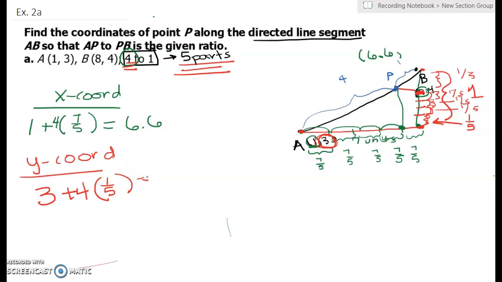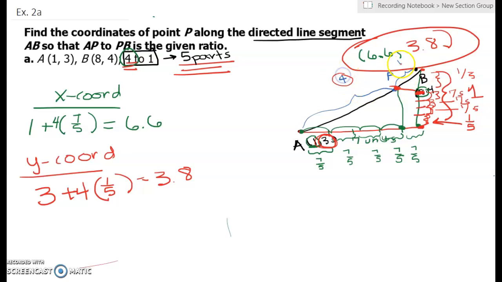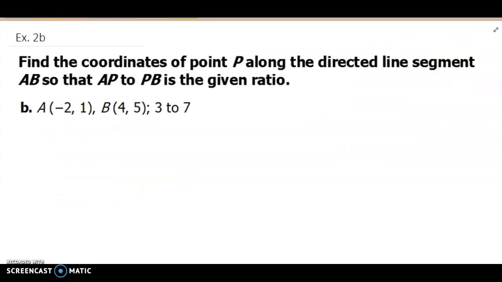Okay, so if I put that into my calculator, I get 3.8. So my Y coordinate here is 3.8. So the coordinates of P would be 6.6, 3.8, and that would cut it into a 4:1 ratio. All right, I want you to try to do this one on your own, and then we'll go over the answers.